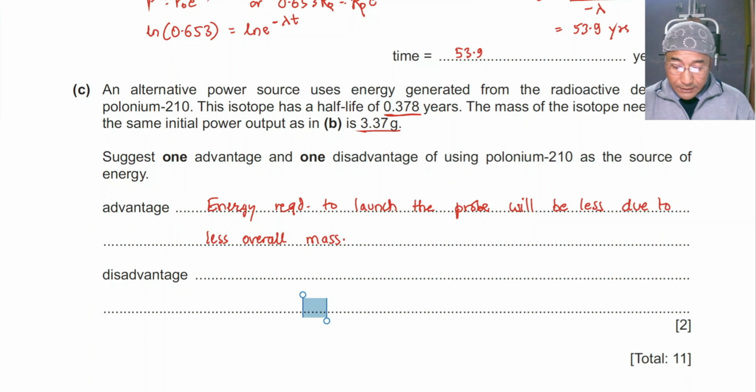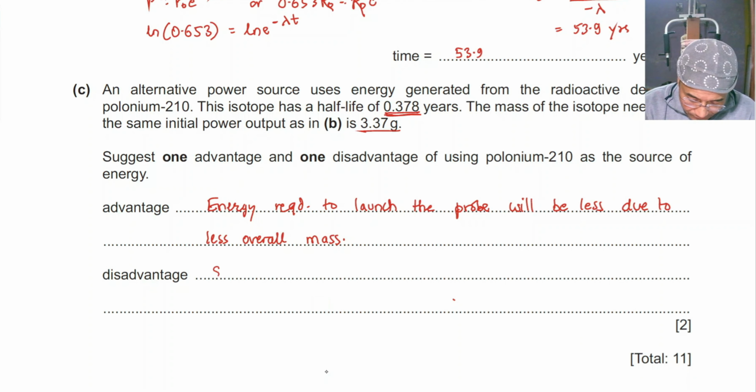Now next is the disadvantage. For this we have to know the half-life is this much, so that means it finishes quickly. Previously it was 87.7 years and now it is 0.378 years.